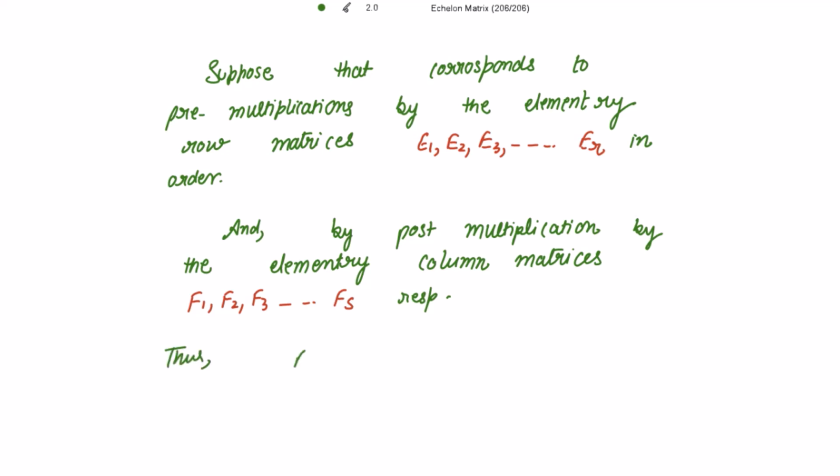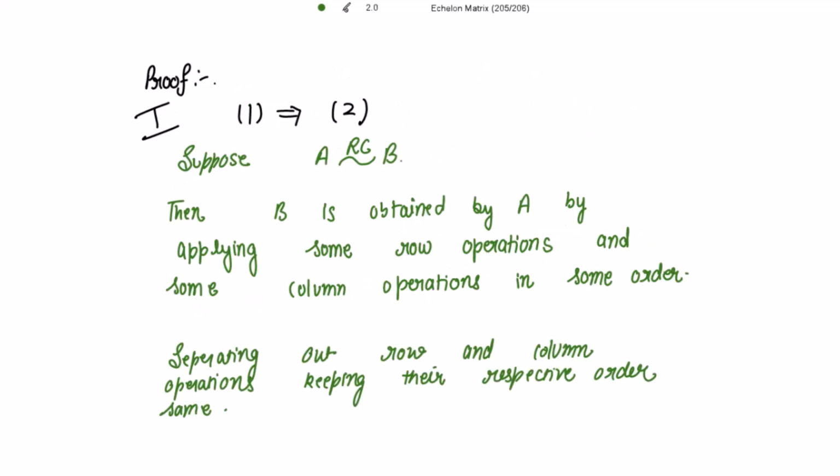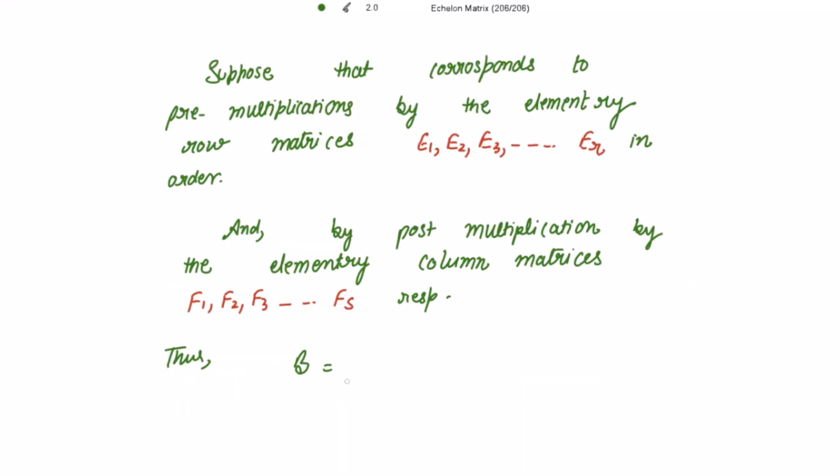So B is obtained from A by applying the row and column operations. So B is equal to Er up to E3, E2, E1 multiplied with A, right? And post multiplication of the matrices, we have separated the row and column operations by keeping their respective orders. And now the post multiplication by the product of the column matrices F1, F2, F3 and so on up to Fs.